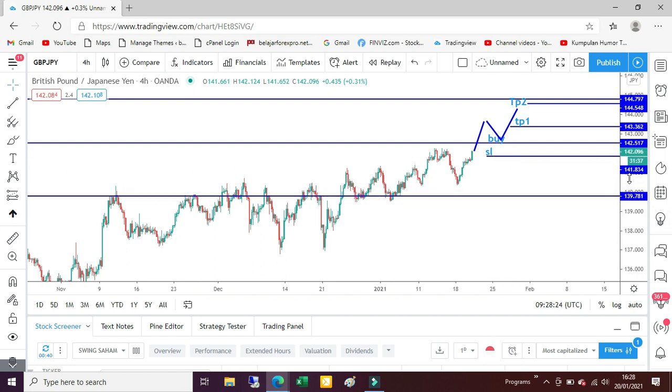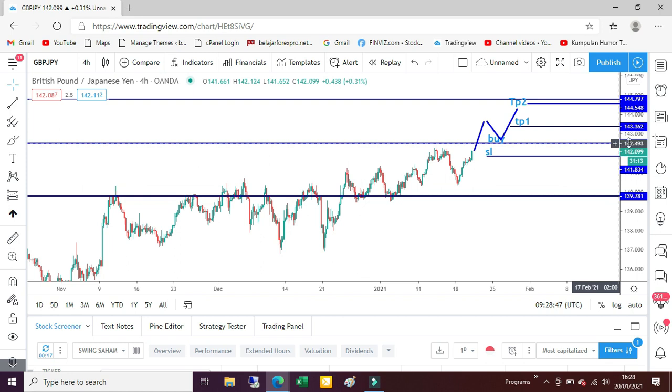This number, okay, for our stop loss 141.30. Oke. Ya, stop lossnya itu 141.830.